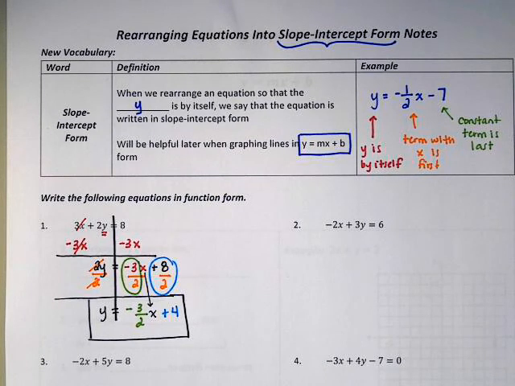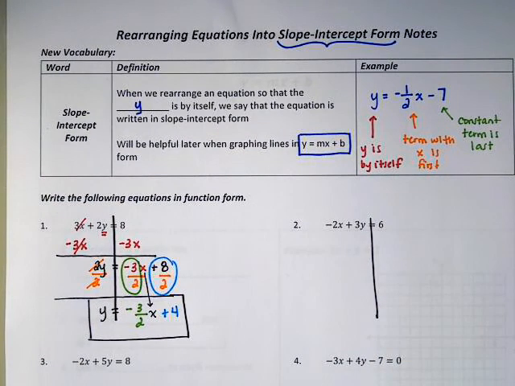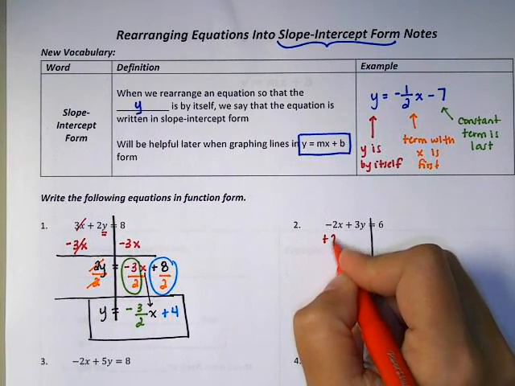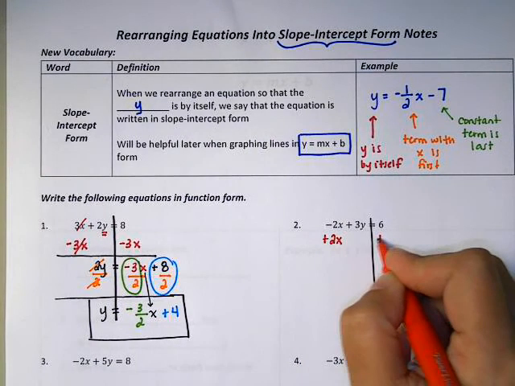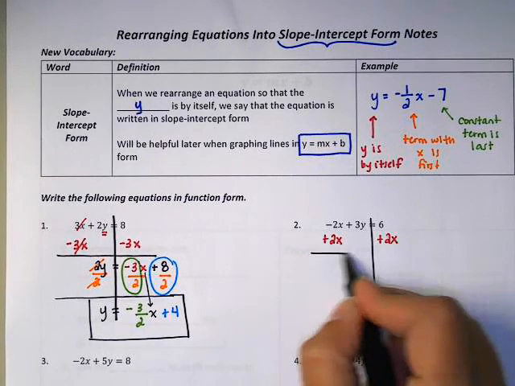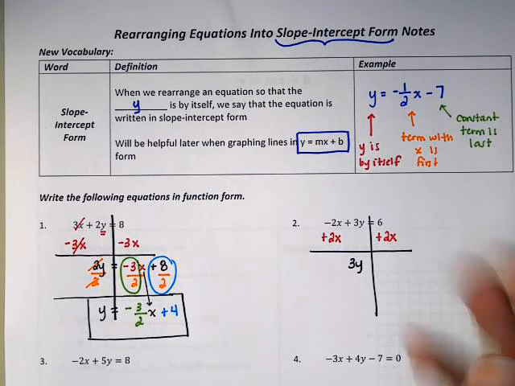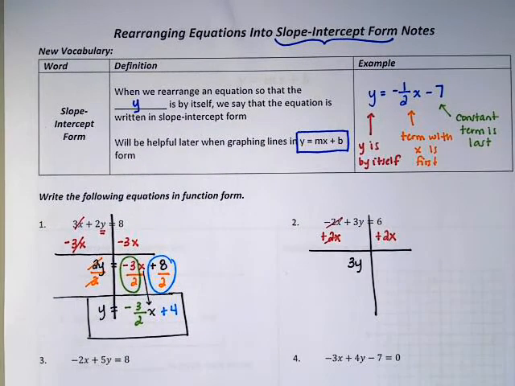So in number 2, again, we're trying to get y by itself. I'm going to draw my line, and the first thing I'm going to do is add the 2x to both sides so that the 2x will move to the other side. So I'm going to drop down the 3y because the negative 2x and the positive 2x will cancel.